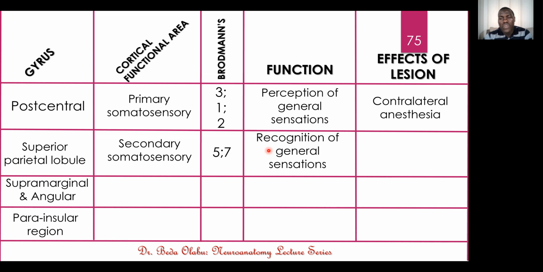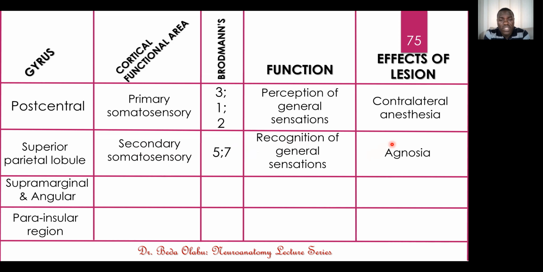Okay, so if I'm not able to recognize sensation because I have an injury in the secondary somatosensory cortex, what do we call that? The term given for inability to recognize sensation is agnosia. Perhaps it's important to clarify something at this point.